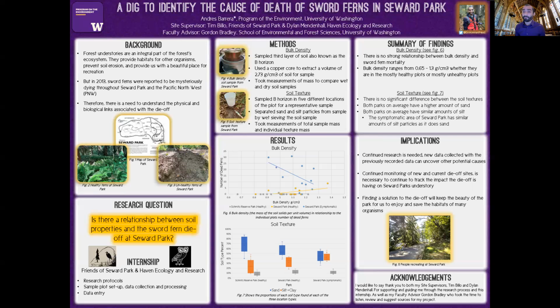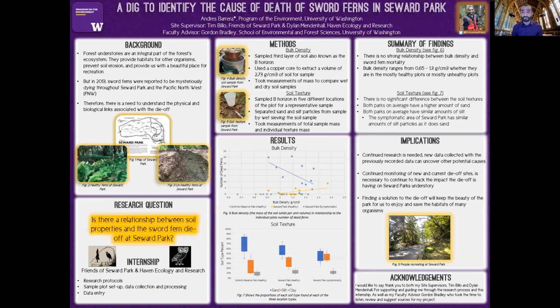So from the summary of my findings, if you take a look at figure 6, the first graph, there's not a strong relationship between bulk density and the sword fern mortality. Bulk density ranges from 0.65 to 1.3 grams per centimeter cubed, and there is a mixture of healthy and unhealthy ferns throughout those bulk densities.